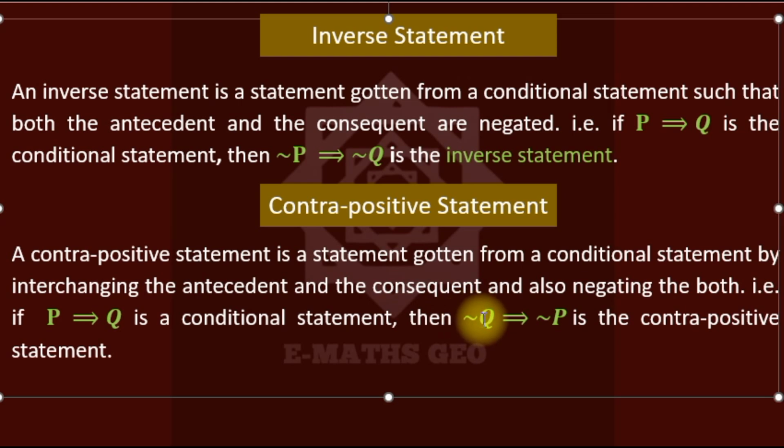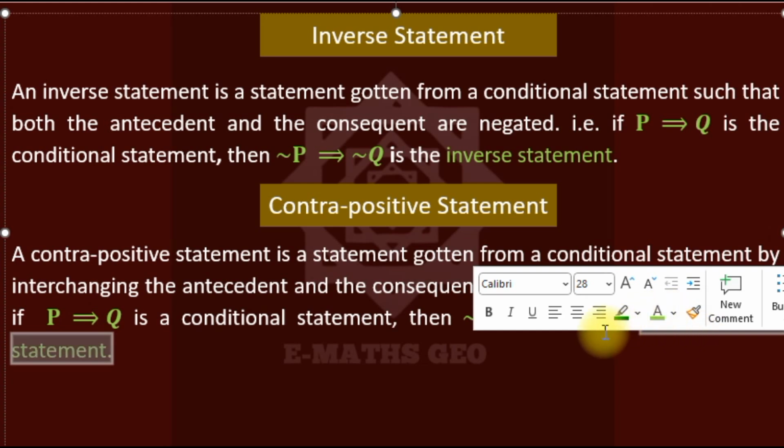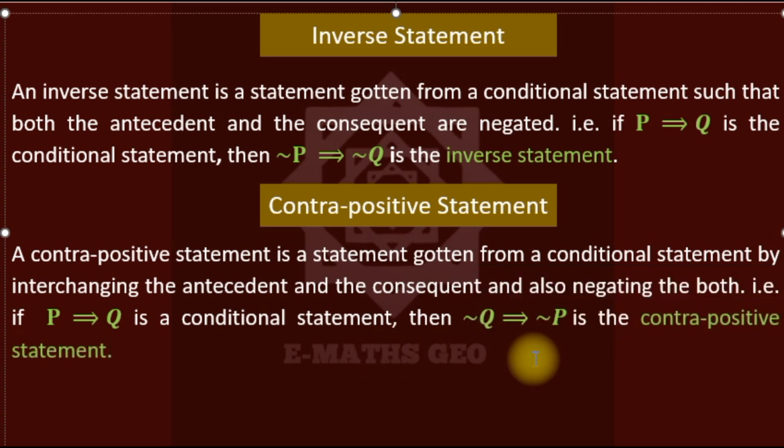Then not Q implies not P is the contrapositive statement. So we interchanged and also negated. That's what we call a contrapositive statement. Next we have what we call the converse statement.